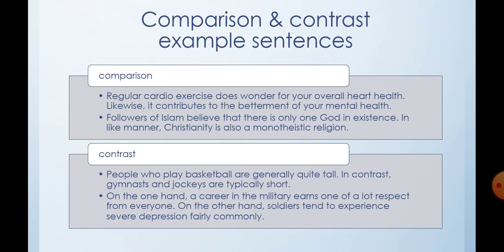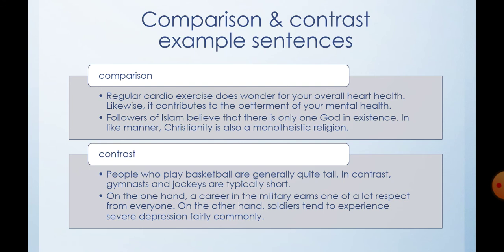The first one uses likewise. Regular cardio exercise does wonders for your overall heart health. Likewise, it contributes to the betterment of your mental health. Another example, followers of Islam believe that there is only one God in existence. In like manner, Christianity is also a monotheistic religion.